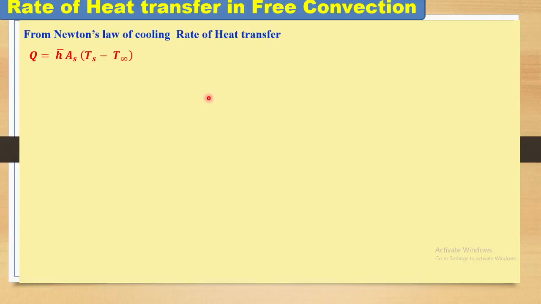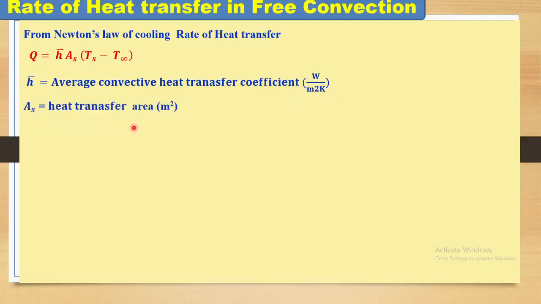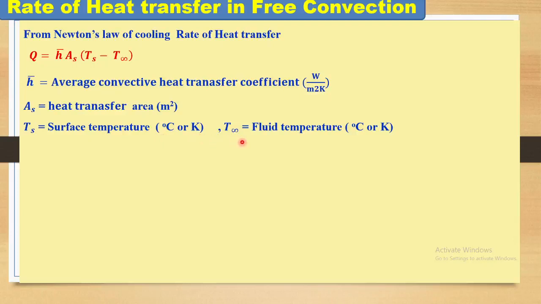As per Newton's law of cooling, Q is equal to h bar As into Ts minus T infinity, where Q is rate of heat transfer, h bar is average convective or film heat transfer coefficient measured in watt per meter square Kelvin, As is the heat transfer surface area in meter square, Ts is the surface temperature in degrees Celsius or Kelvin, and T infinity is the fluid temperature in degrees Celsius or Kelvin.